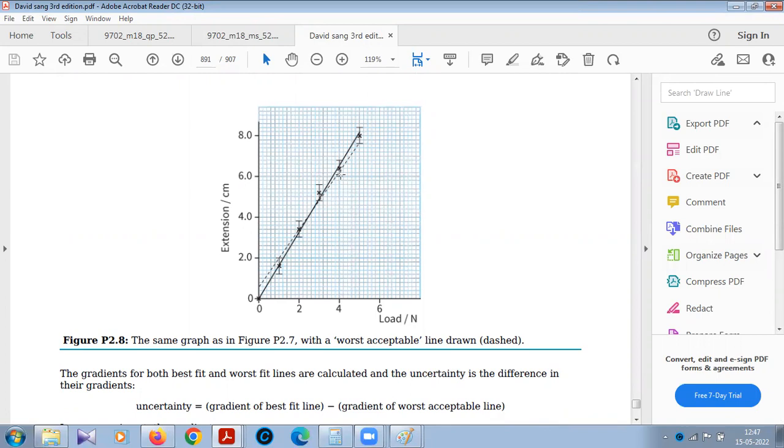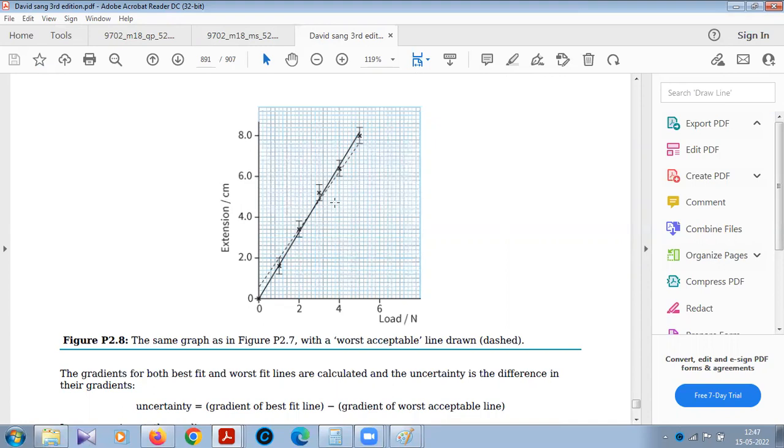So this is the worst acceptable line. And then again for this line you have to make a triangle and find out the gradient of this.